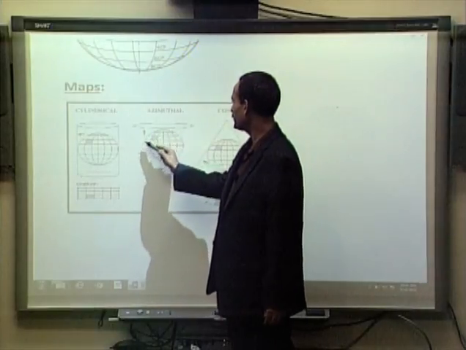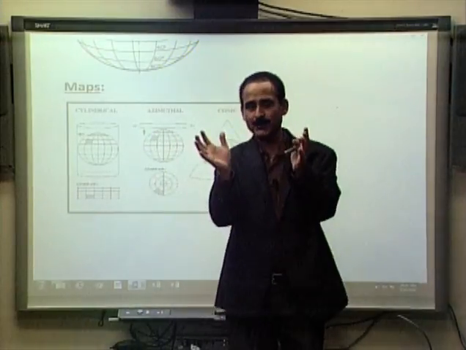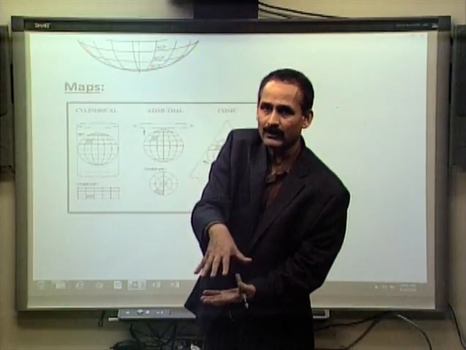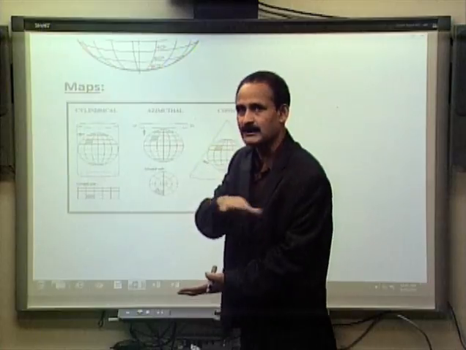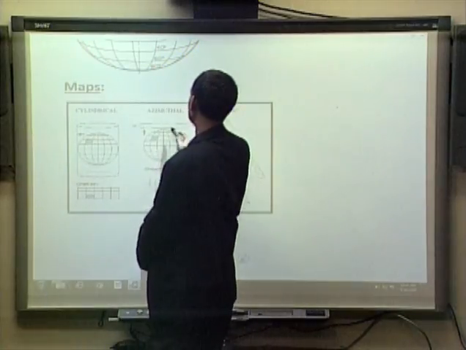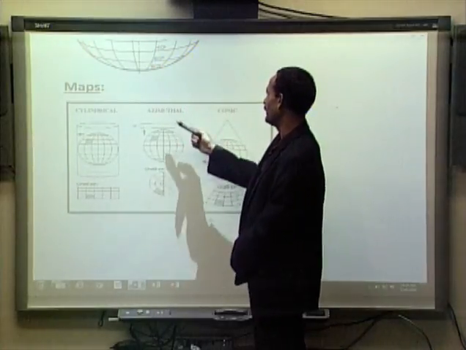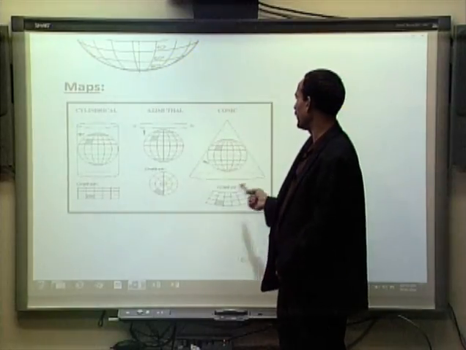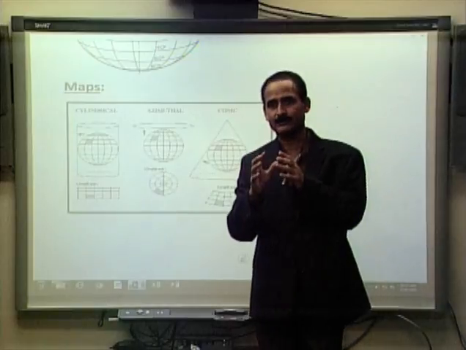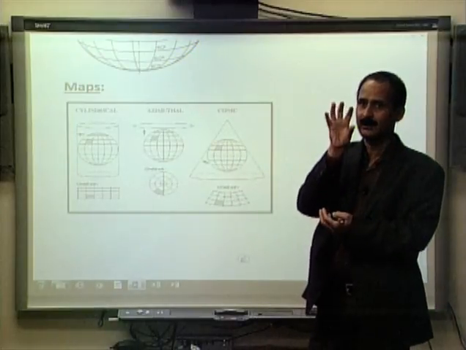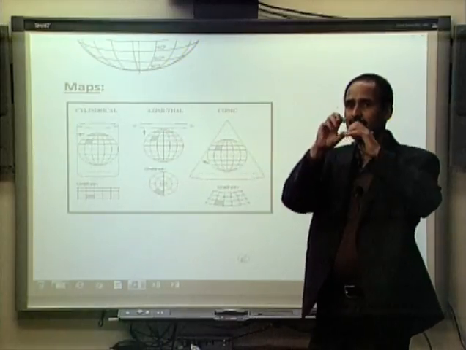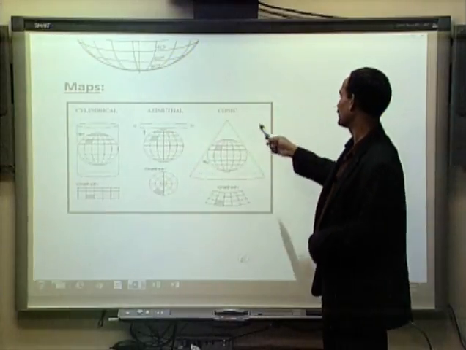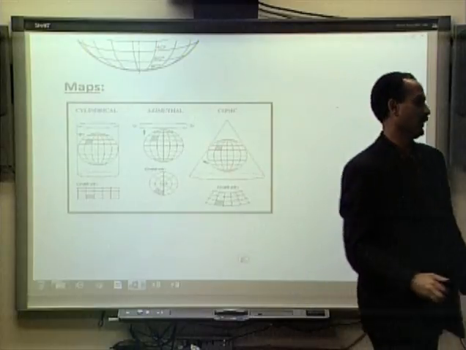If we have the globe and project it onto the floor, the plane, then that's another way of getting a map. And another way of getting a map is to put the sphere inside a cone and project the sphere onto the cone. We get a conic map as well.